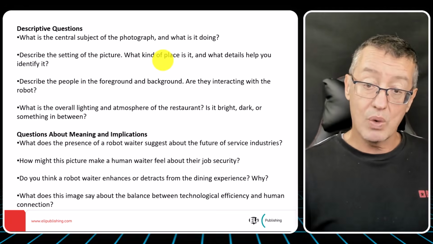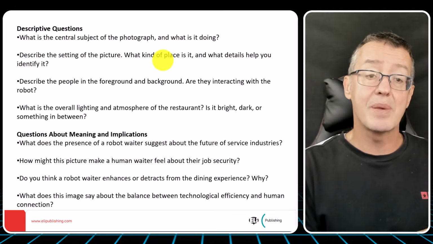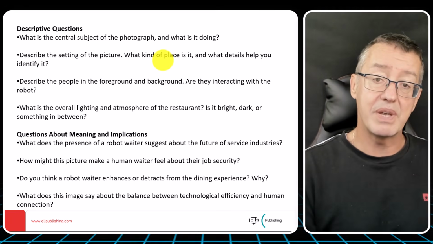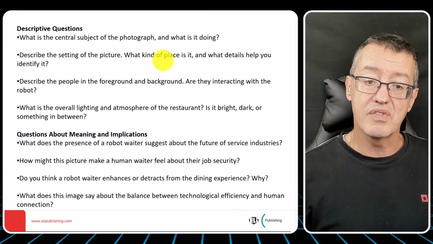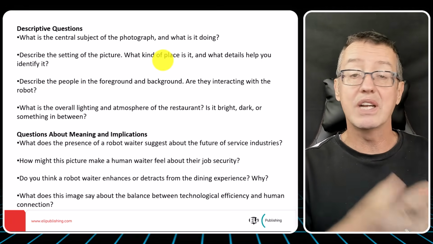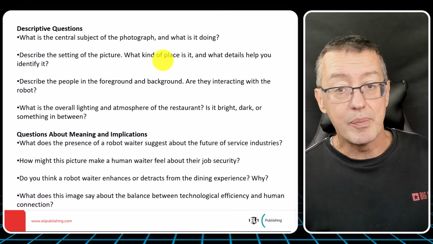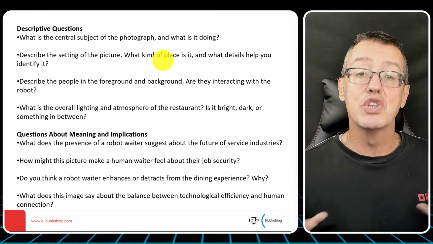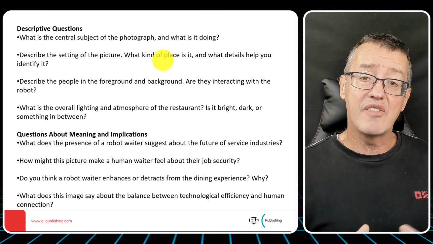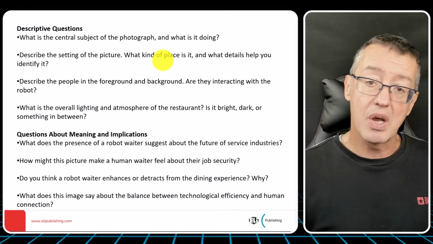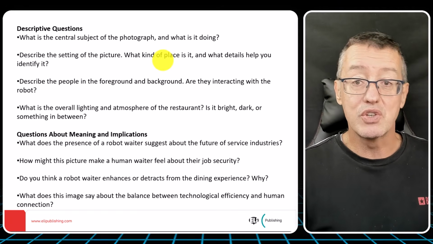You could put more questions, but often if you ask Google Gemini, generate 10 descriptive questions about this picture, it will produce those questions for you, and then ask it, can you produce 10 questions based around a meaning in an interpretation of the picture, and it will do it for you, and then you can use them. Now, this is really powerful because this saves you masses of time. For you to do this yourself would be really time consuming.